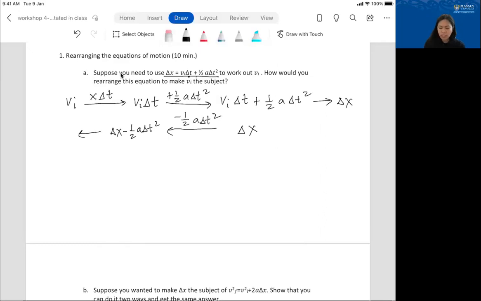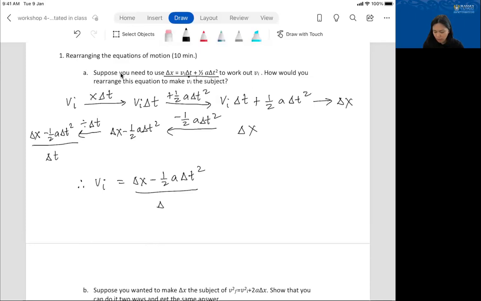Then we undo the times delta t. Reverse of times is divide, so divided by delta t. We then have delta x minus 1/2 a delta t squared, divide that by delta t. And then we're back to vi. Therefore, vi is equal to delta x minus 1/2 a delta t squared, divided by delta t.